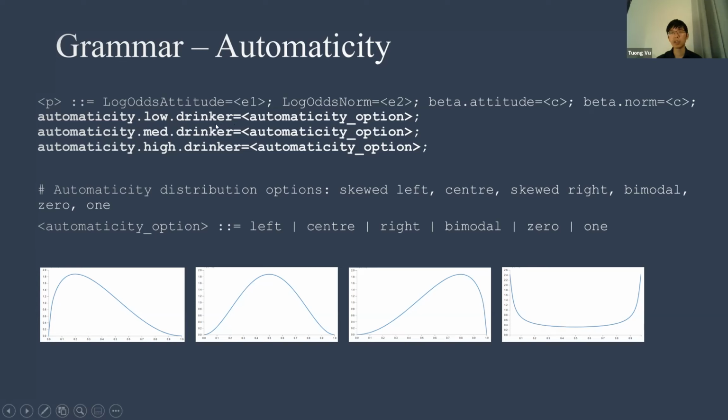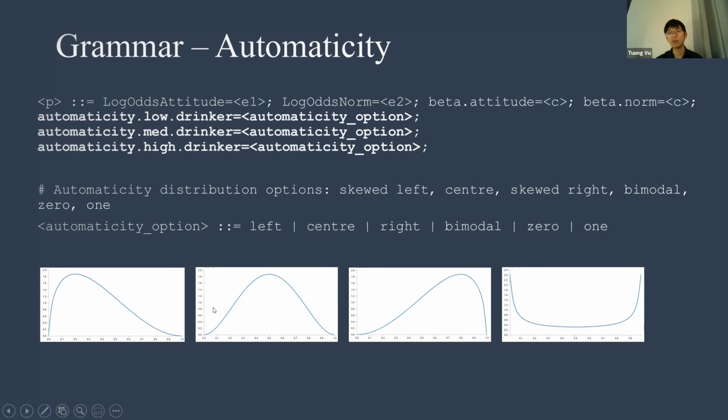So a low drinker drinks, I think, one drink per month in general, and a high drinker has more than 5 or 6 drinks on average, and a medium drinker is somewhere in the middle. And then we have 2 extra options here. Zero means that everyone's automaticity is 0, so everyone will do intention.